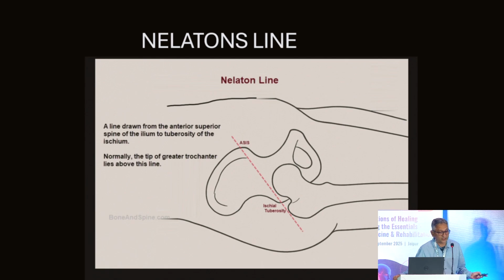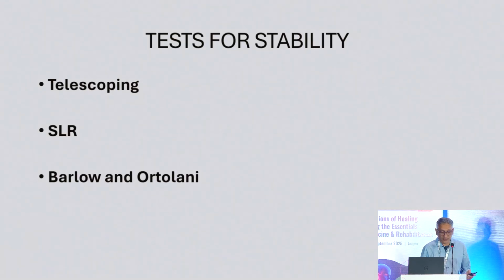That is ideal, because then you can draw a line from the ASIS to the ischial tuberosity easily. Even if you cannot flex up to 90 degrees, it is okay.